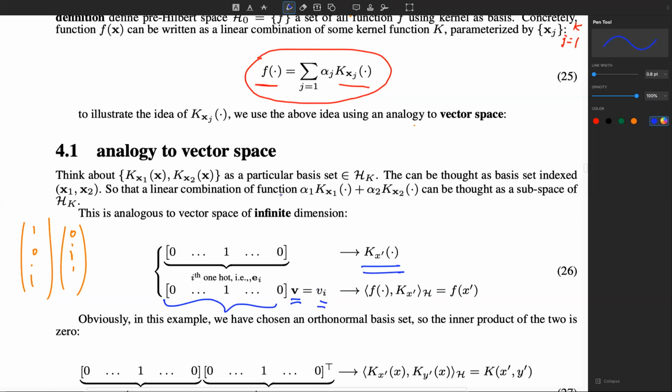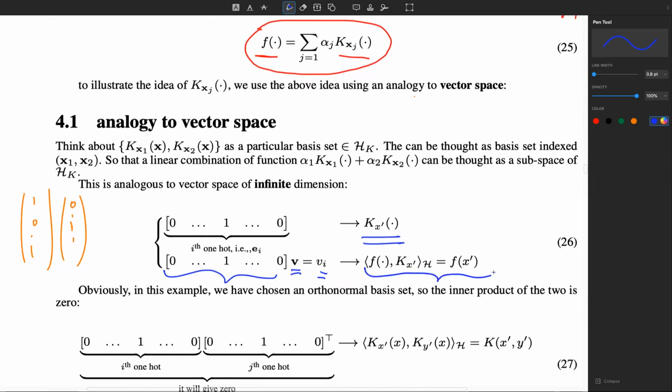Now magically, this also does that. If I wanted to retrieve the function value evaluated at x prime, all I need to do is to get the x prime basis. I mean, it's kind of weird because it's not indexed by x prime, because x prime could be a vector, right? It's just data.